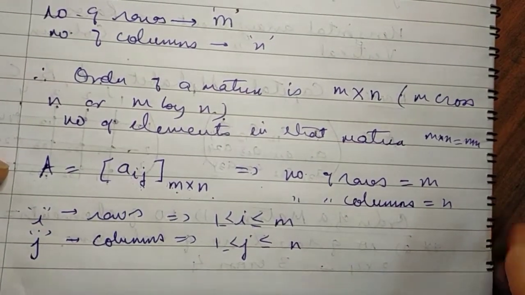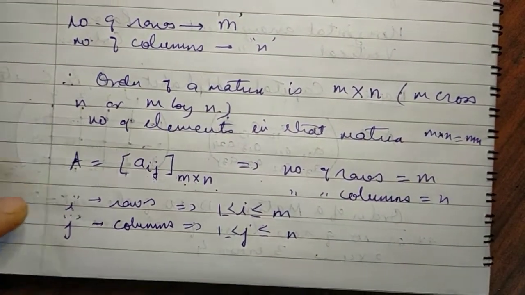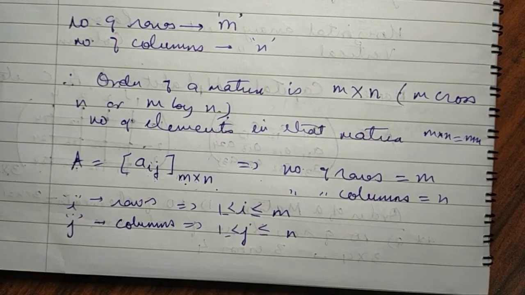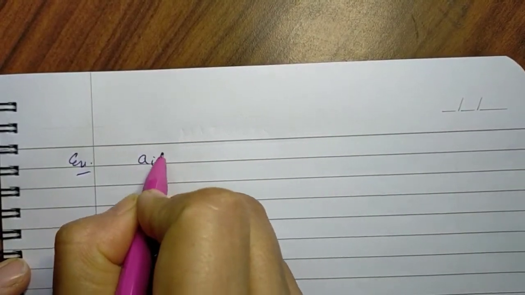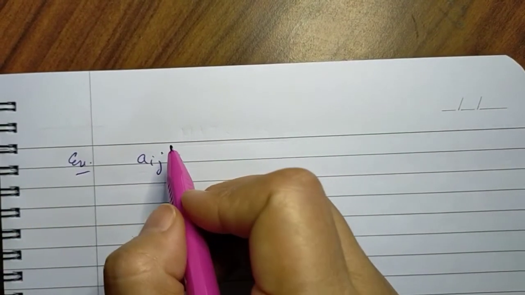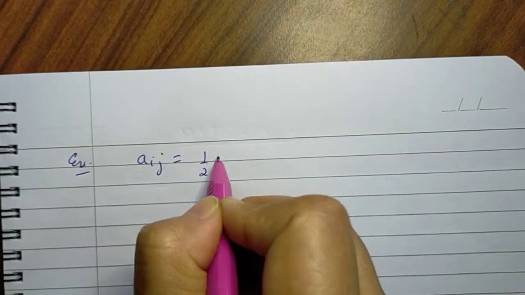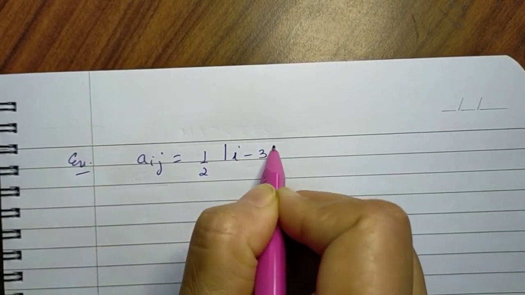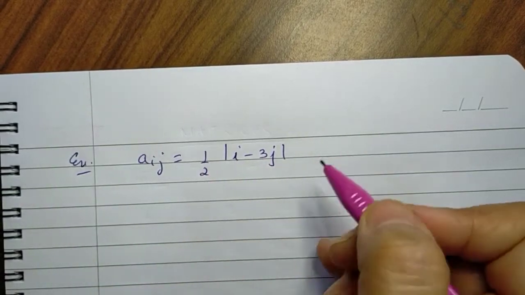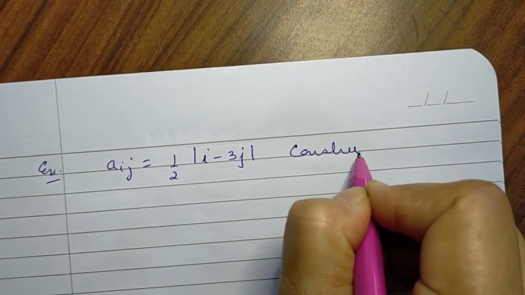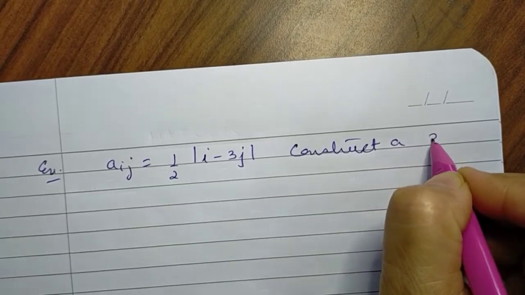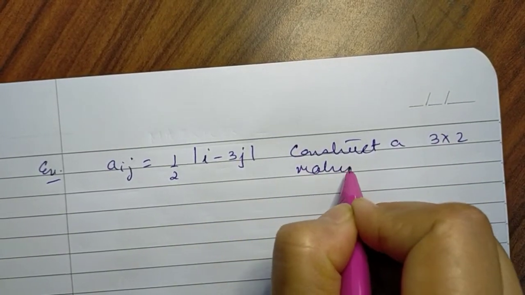Now that we have defined what a matrix is, sometimes we are given, for example, the general term aij equal to half of modulus of i minus 3j, and we are required to construct a 3 by 2 matrix using it.